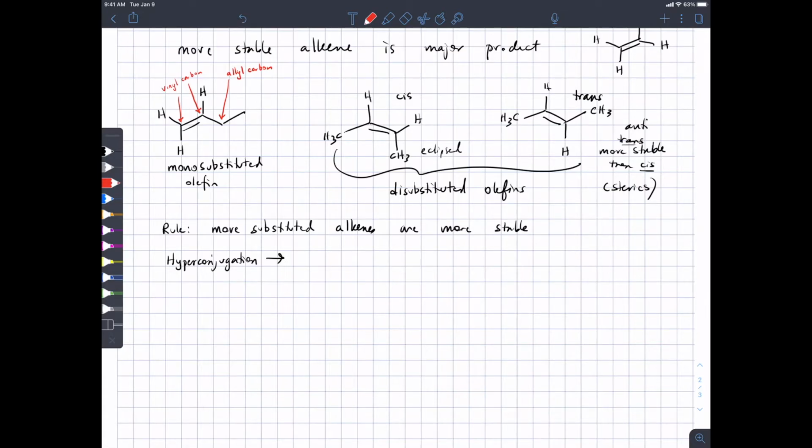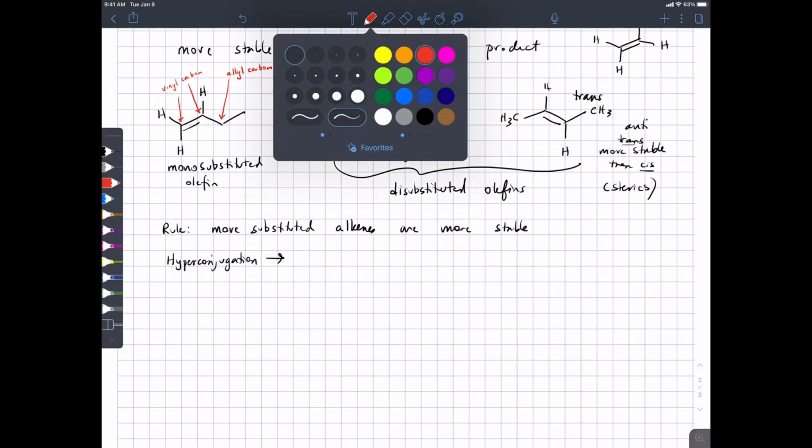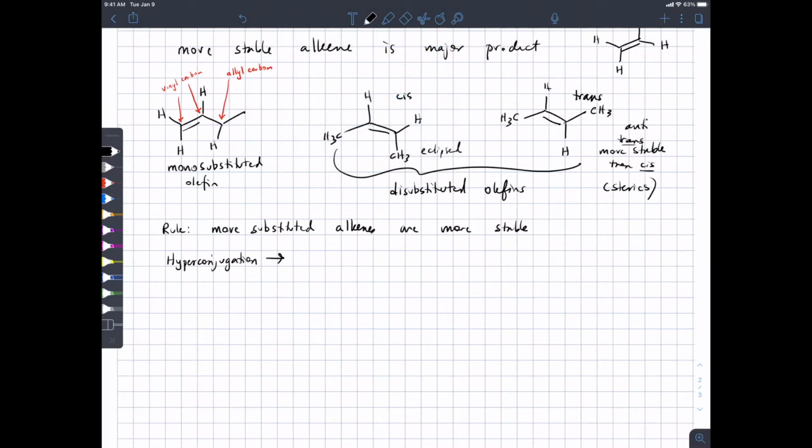So, in going from a less substituted alkene to a more substituted alkene, we are replacing vinyl protons with hydrocarbons. We're introducing new allyl carbons. And look at the difference. What does the allyl carbon have that the vinyl proton lacks?